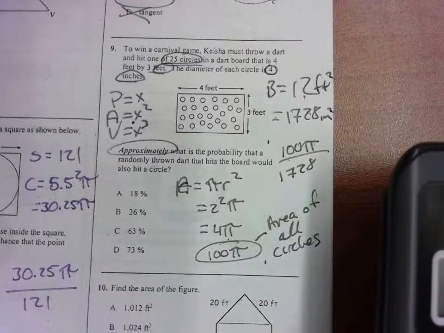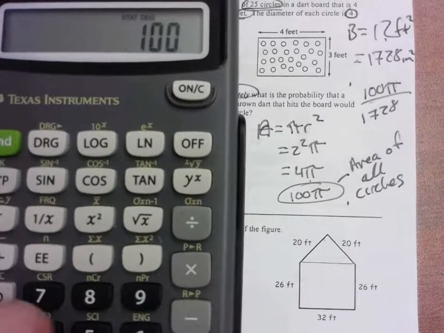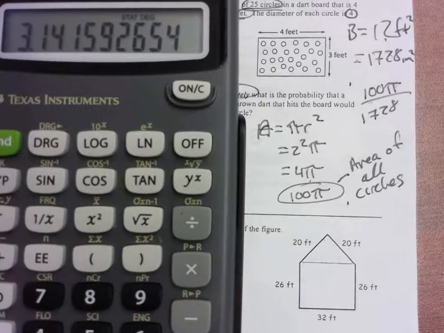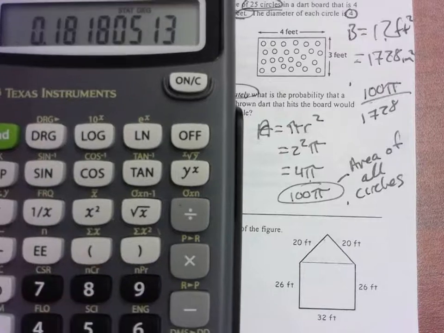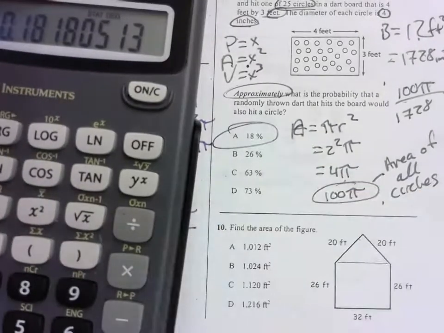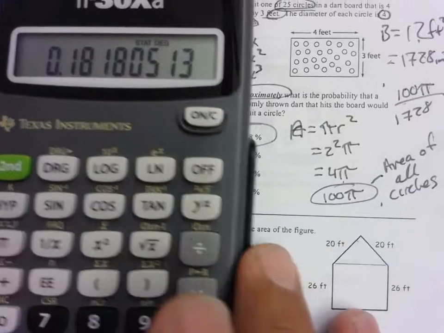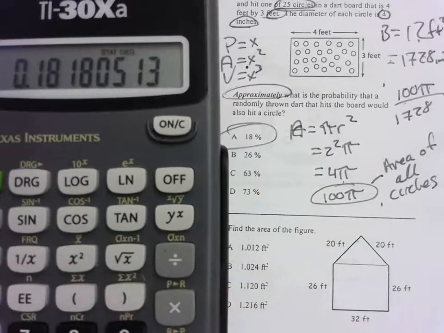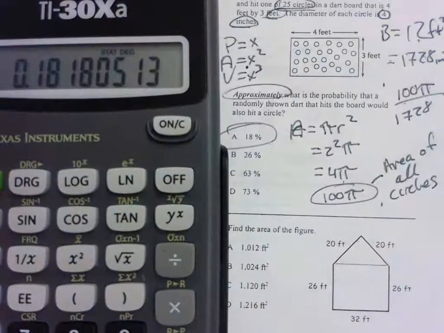So if you take 100 times pi and divide it by 1,728, you have an 18% chance. Is this another geometric probability? Yep. That you are going to hit the circle. Which sounds about right for a carnival game because they make it look good, but the odds are definitely in their favor every time.